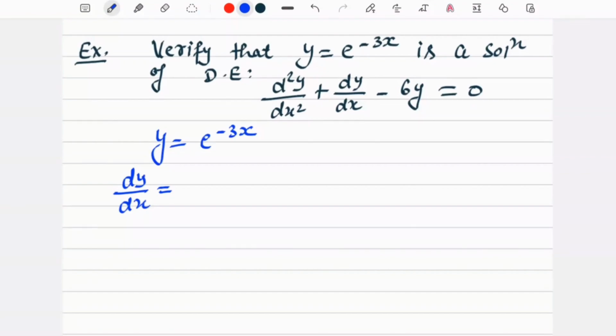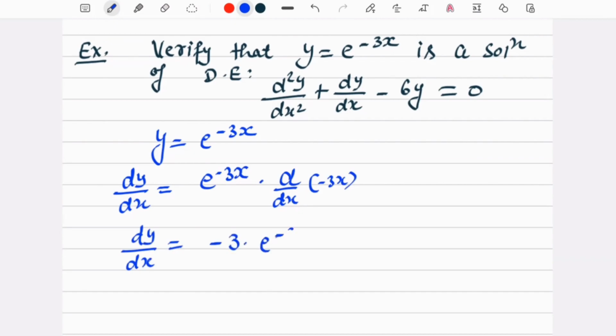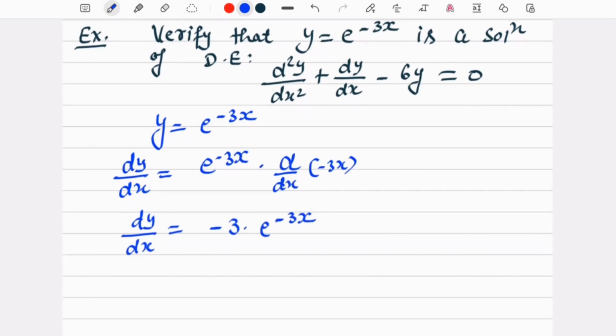So dy by dx is equal to minus 3 e raised to the power minus 3x.